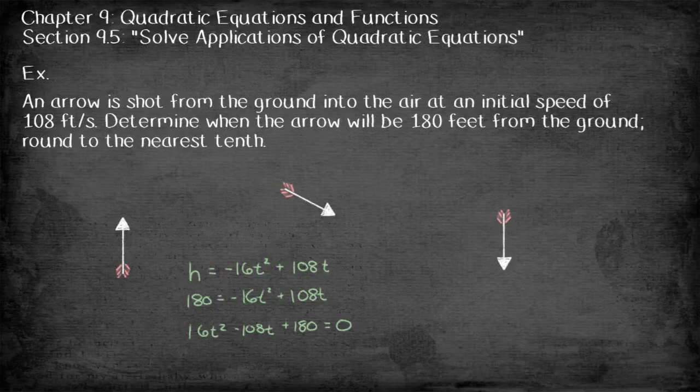All right, so then I just have to solve it. Let's use the quadratic formula. So t is going to be equal to negative b. Since b is negative to start with, it's just going to be positive 108 plus or minus the square root of b squared, which would be 108 squared, minus 4 times a, which is 16, times 180, all over 2 times 16.